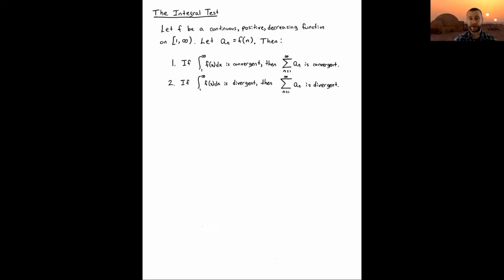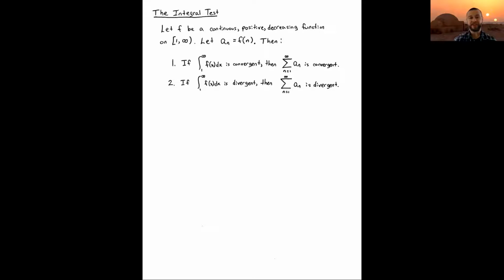So if we do that here and define a general term, a sub n, as f of n, so basically just plug n in as your variable instead of x to your function f, we get a term for an infinite series.